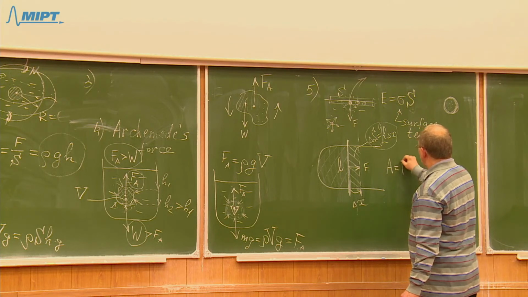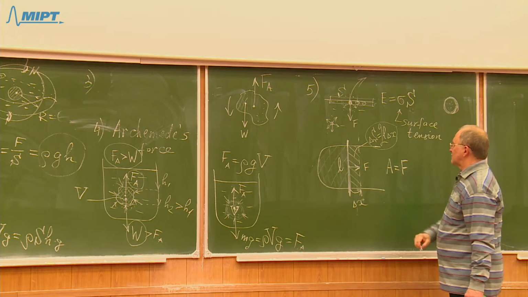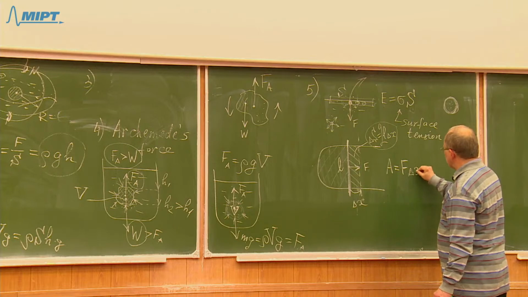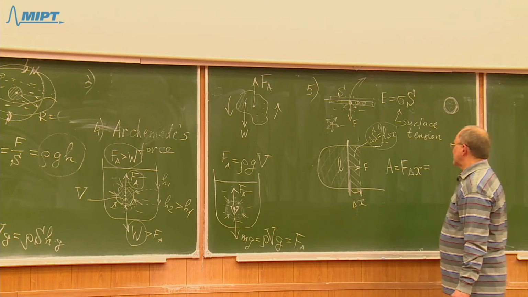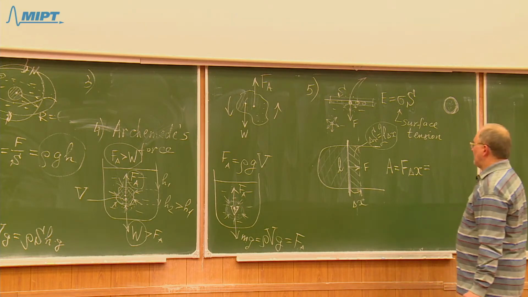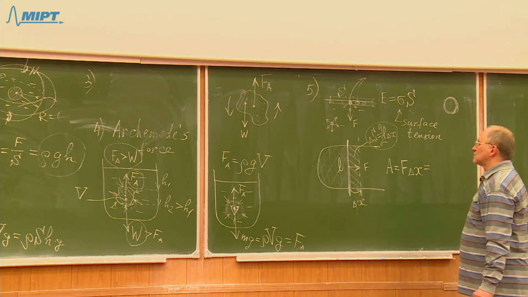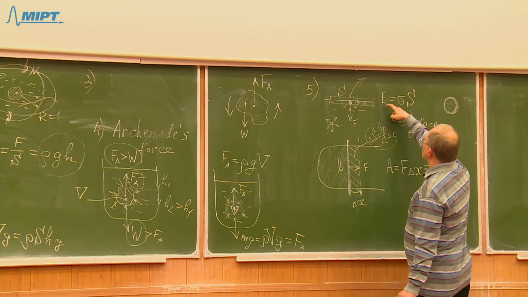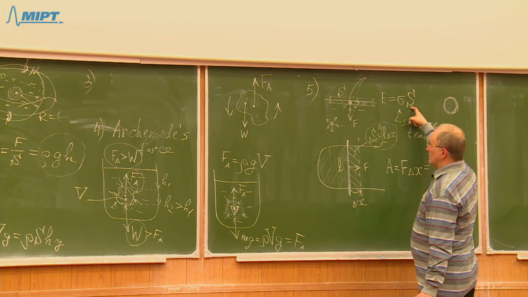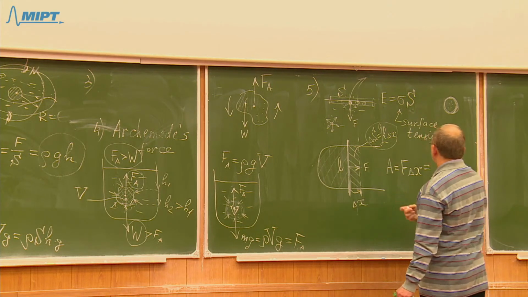We will perform some work, which is by definition the force applied to the jumper times the displacement of the jumper. The force times the displacement x. That work will be performed by an external force, and that work will go to increase the potential energy of the surface of the thin film.